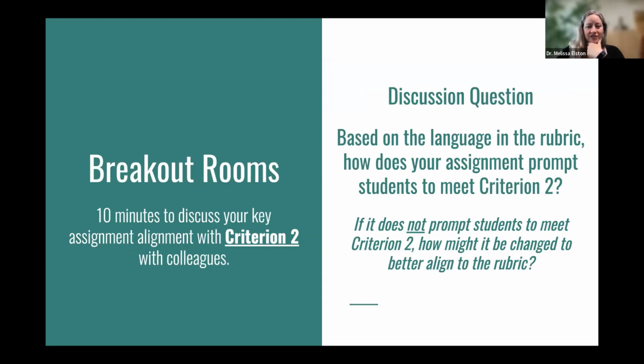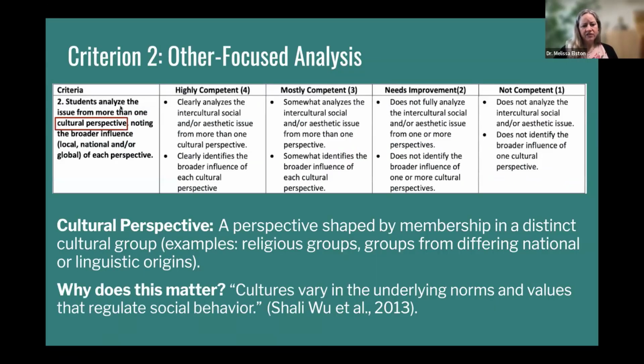So we are going to rinse, lather, and repeat. So what you're going to want to do now is pick your key assignment back up, look at the second criterion, figure out if your assignment prompt is asking students to analyze the issue from more than one cultural perspective, noting the broader influence of each perspective locally, nationally, or globally.